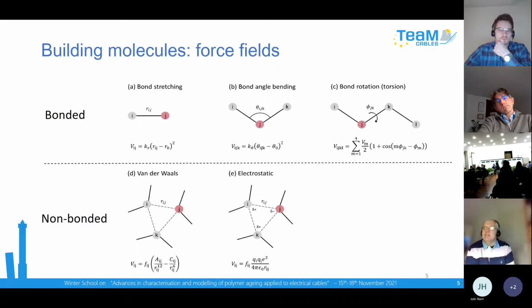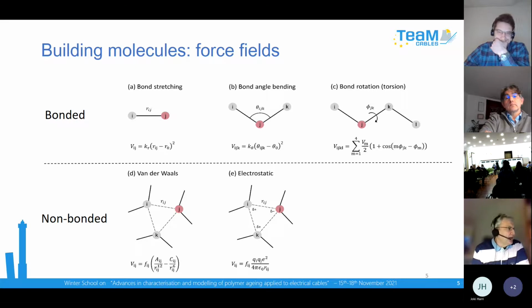Okay, I said that the atoms in molecular dynamics are just points in space. So how do we make molecules out of those atoms? That's done by defining this interaction potential between the particles in a smart way. And we are speaking of bonded and non-bonded interactions between the particles.